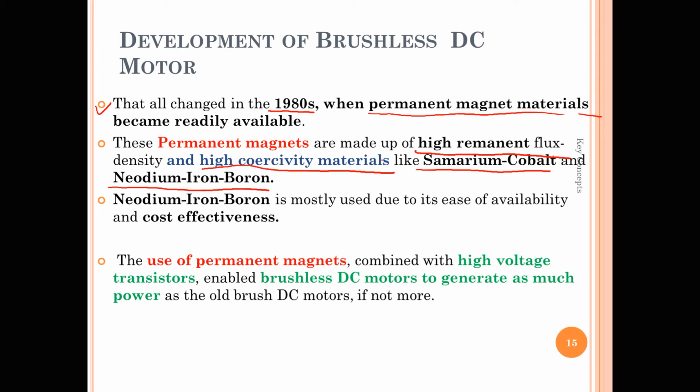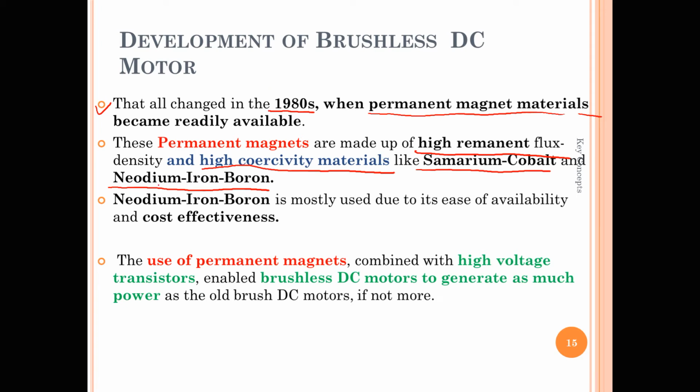So we can use these materials to design a motor in which we have a high temperature rise and where we need very good efficiency. Both are possible using these two.